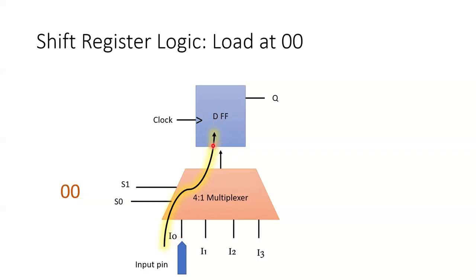And that is how you load data in your shift register, by giving 0, 0 on your select lines, because your input pin is assigned to the 0th line, right? So just to summarize, if you want to perform the load operation at 0, you need to connect the input pin at the 0th line, because if you give 0 to the select lines, your 0th input will be connected to the output.